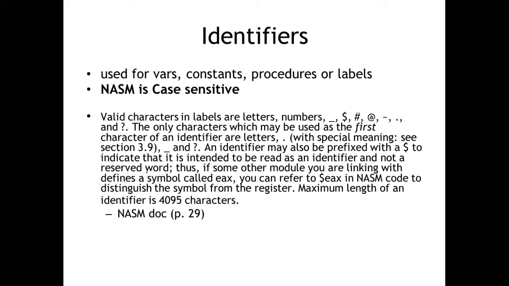Identifiers, we'll use identifiers as kind of like defining variables. We can also define constants, procedures, labels, and we'll do all of those here as we get more into the code. Here are the restrictions. And so take a look at this. Just like any language that you're going to use, the syntax and the valid characters for defining variables are going to be defined somewhere in that language. So you can see here the valid characters in labels: letters, numbers, these special characters. The only characters which may be used as the first character of an identifier are letters.